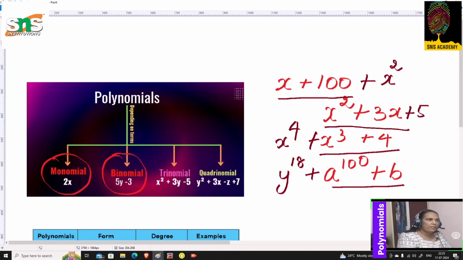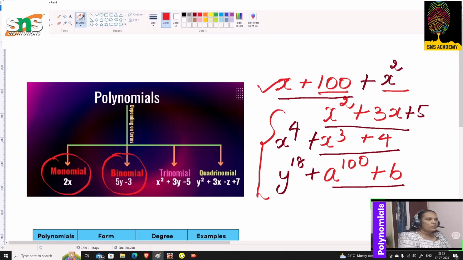In the first one I have 3 terms: 1, 2, 3. So we call it a trinomial. And in the forthcoming examples also, everything has 3 terms.